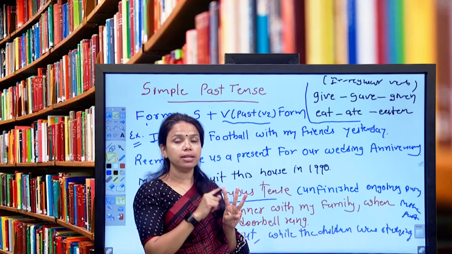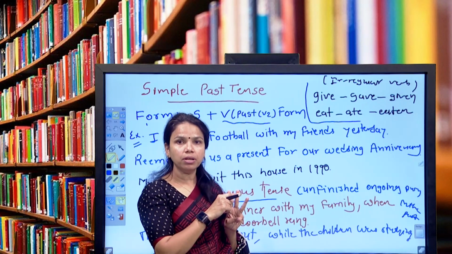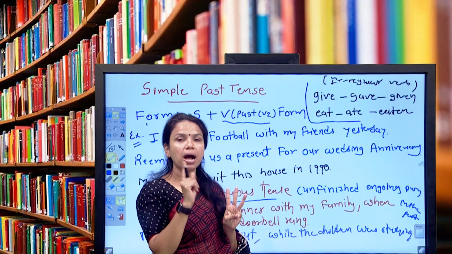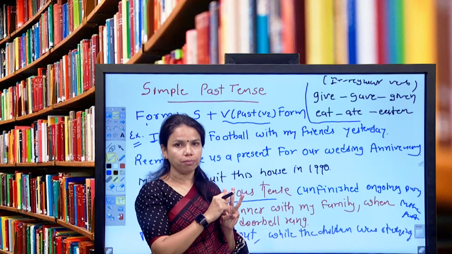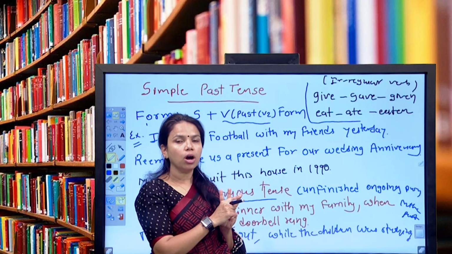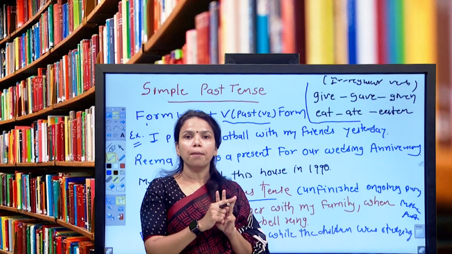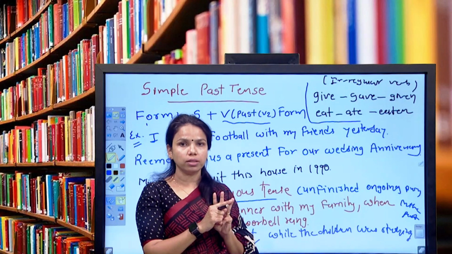So, give is the first verb form. Second, gave is the past tense form, you can say the V2 form, and the third form is V3, given, or you can also say the past participle. In Gujarati you say bhut krudant, right.